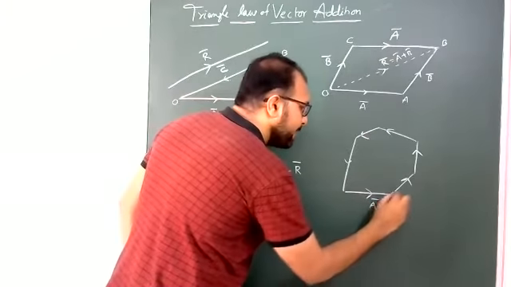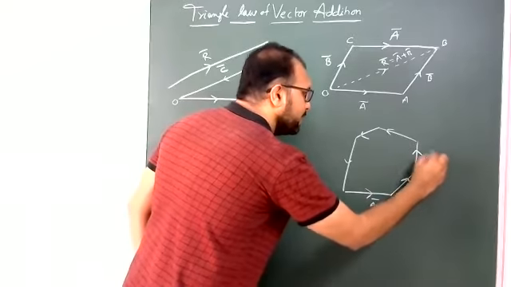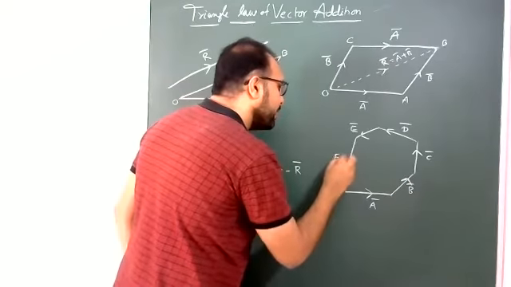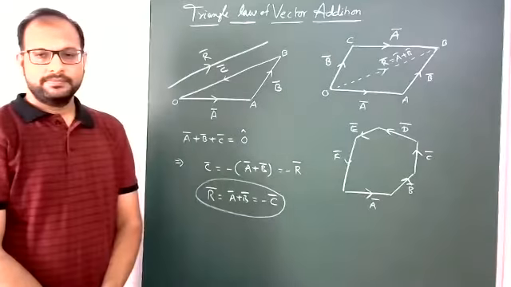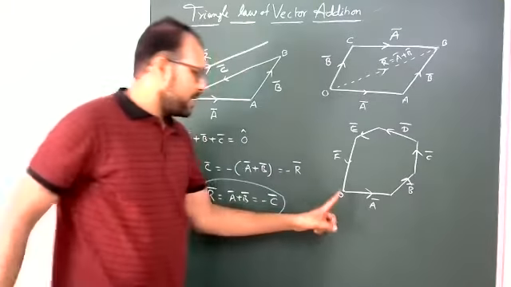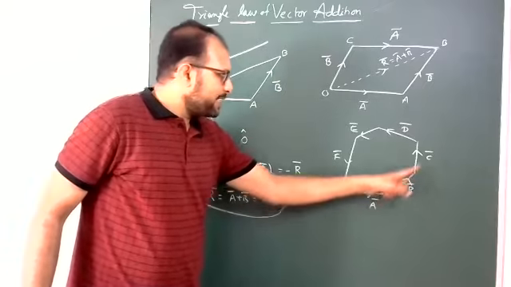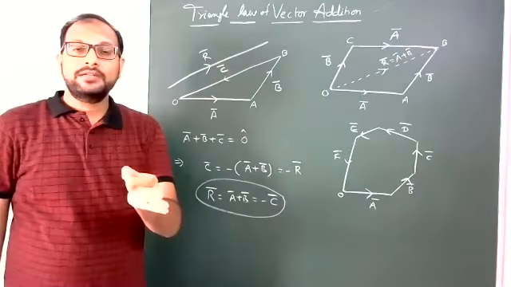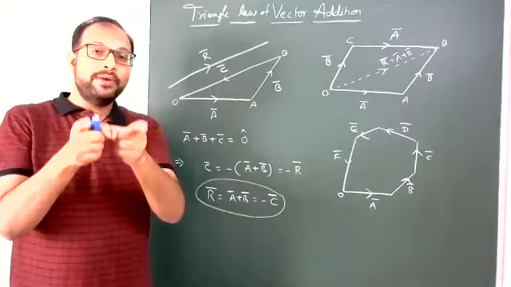Suppose they are A bar, B bar, C bar, D bar, E bar, F bar. Starting from the first, this is the point O. First vector, second vector, third vector, fourth, fifth, sixth. All vectors are taken in a particular order.